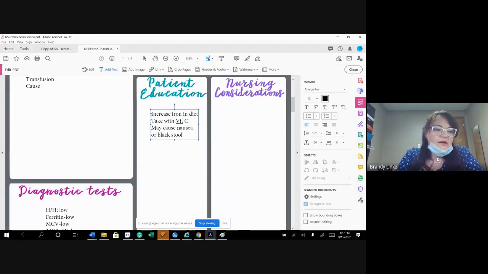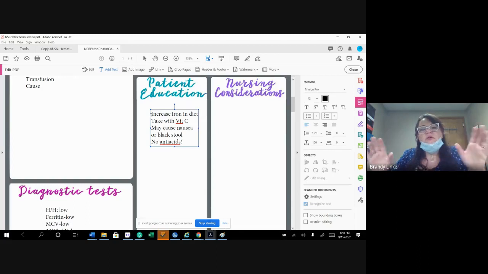Okay. Can't take antacids 2 hours before or 2 hours after the iron because the iron will not absorb. What antacids do is they create a nice little coating around your stomach that doesn't allow it to absorb anything. Okay. And so you can't take antacids with almost any medications, but especially iron.